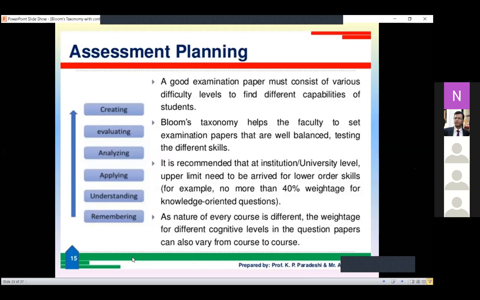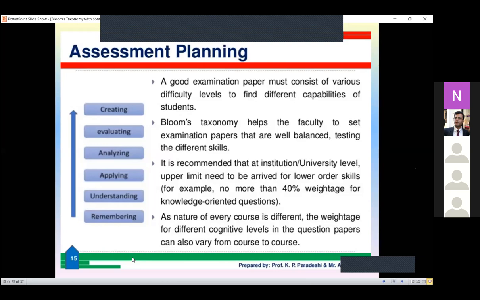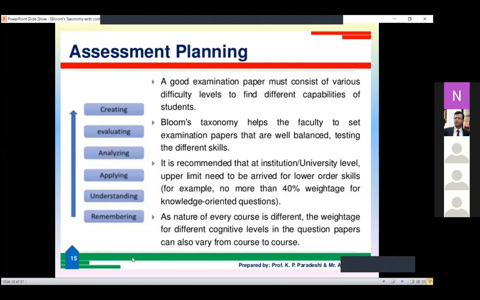Then it should be well balanced, and the nature of every course is different, so the weightage can be different. When you ask, AICTE has said certain things, or in your scenario the weightage can be different. It is already said by Bloom's that depending upon the nature of the course, weightage can differ in the question paper. It all depends upon the students in front of you and the course that you are running.